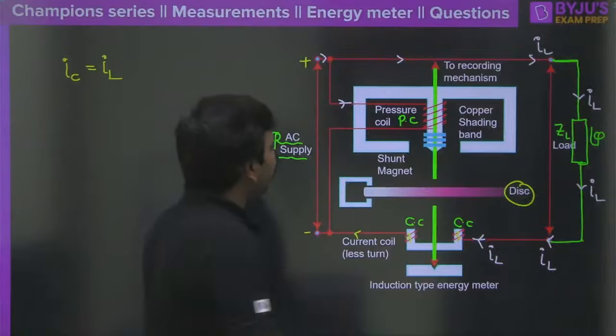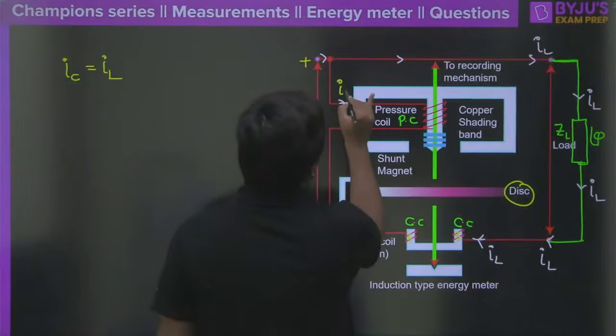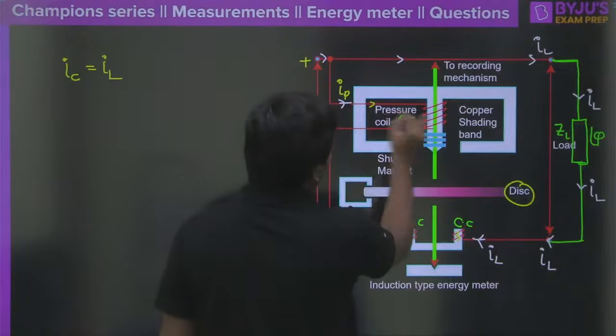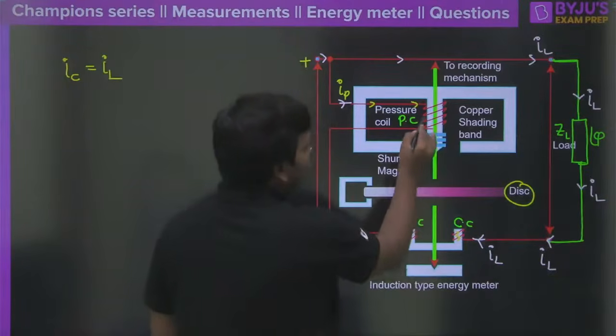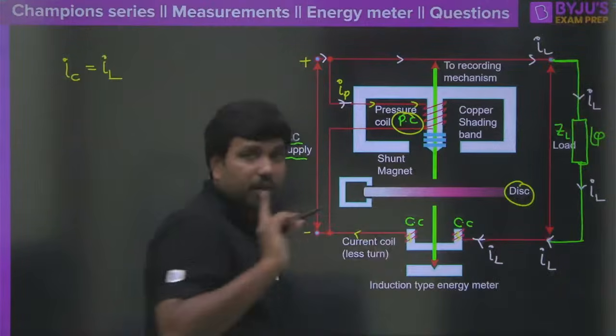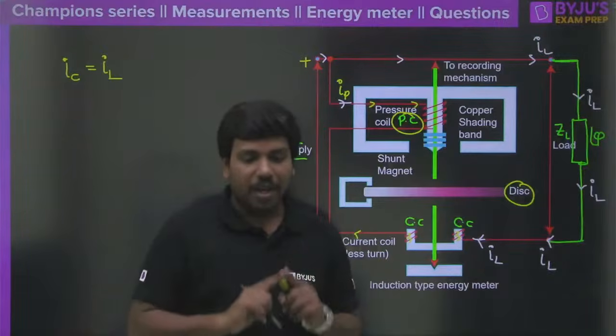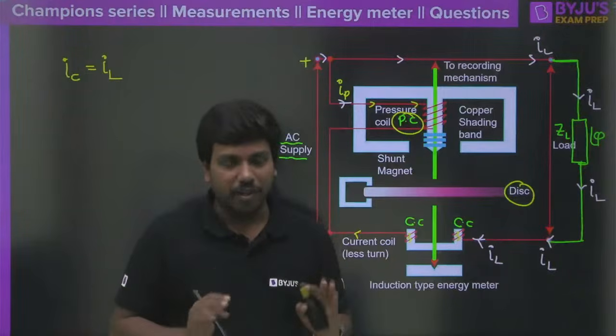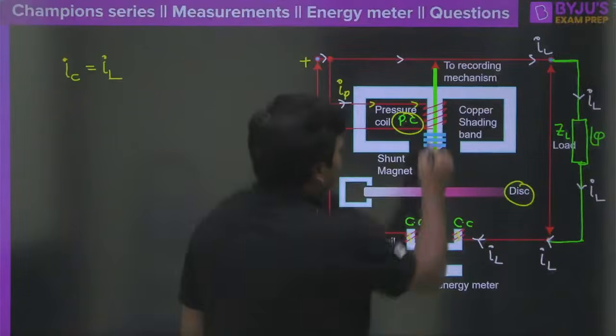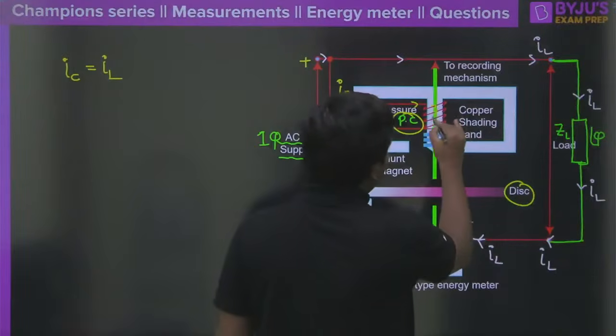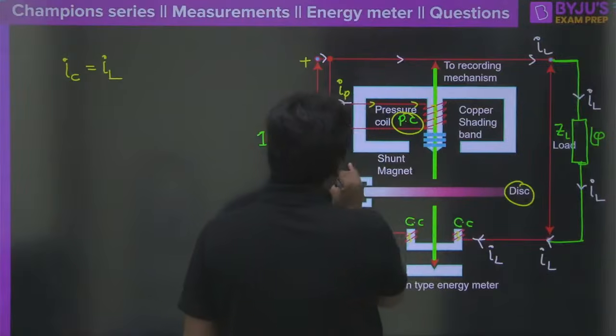At the same time, there is some amount of current flowing through the pressure coil also. Here in the pressure coil, we intentionally make it highly inductive. Why should it be highly inductive? That I will explain naturally in the discussion. This current circulates like this and finally comes back like this.